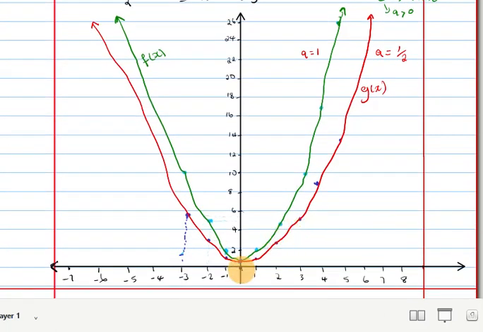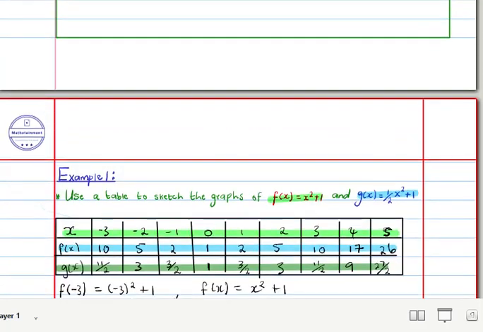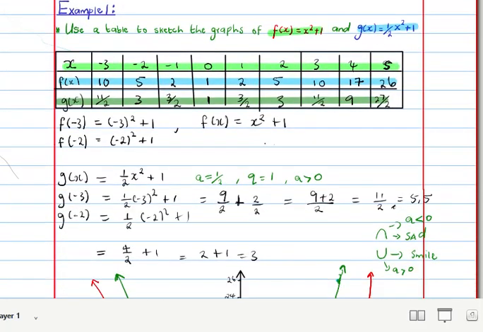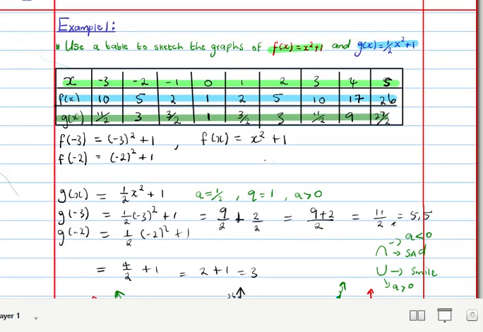So from 0 it went 1 unit upward, and the fact that a is greater than 0 here and a is also greater than 0 here, that's why both graphs are smiling. None of the two graphs is sad. They are all smiling.